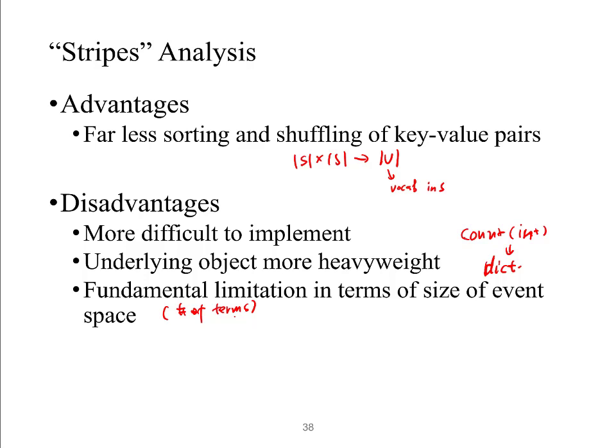So it is limited by the size of the event space, but thanks to the sparse property of this matrix, in most cases we can do this using the stripes idea. But again, it is a disadvantage.